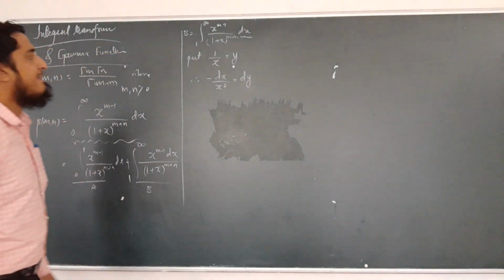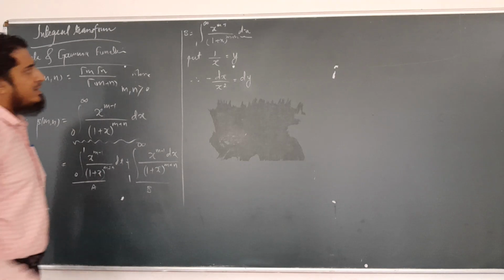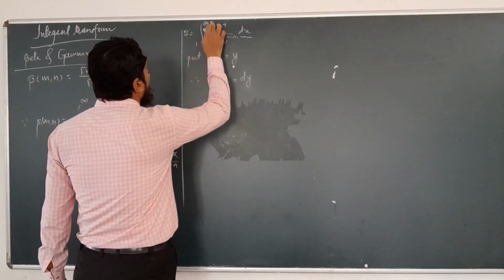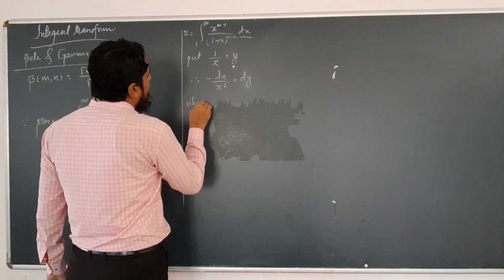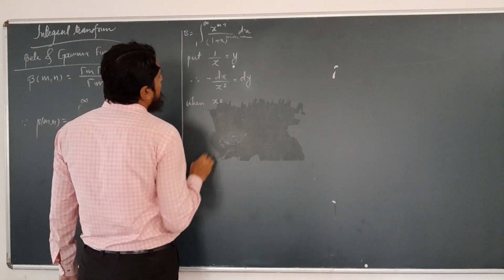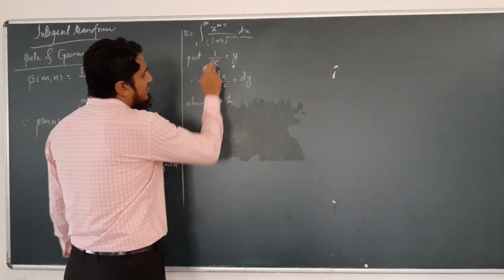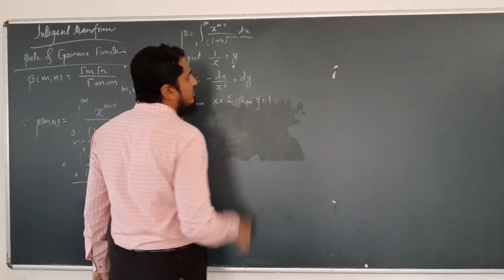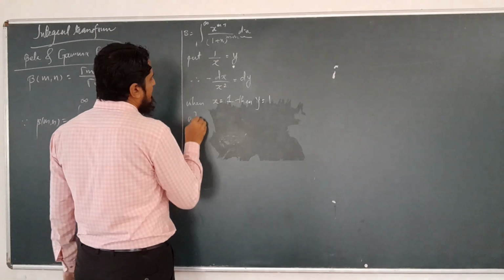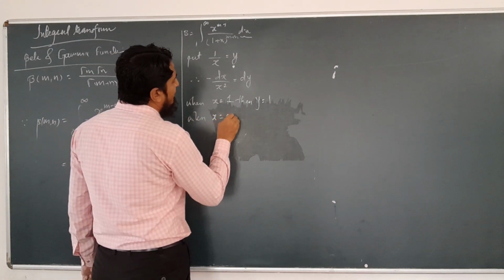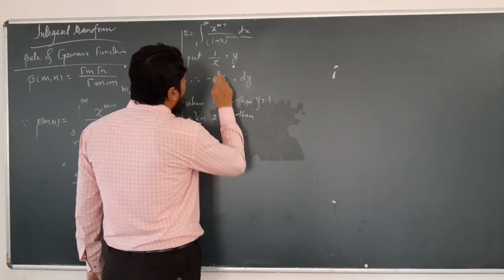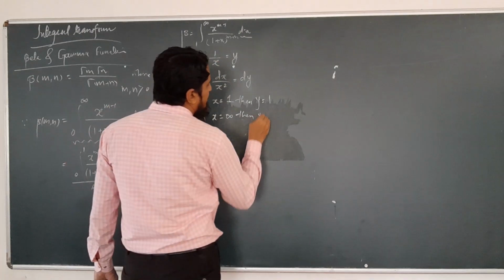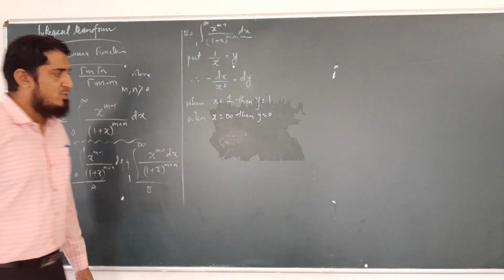Correct? And when x is running from 1 to infinity, when x is equal to 1, then y is equal to 1. And when x is equal to infinity, then 1 upon infinity becomes 0, so y is equal to 0.